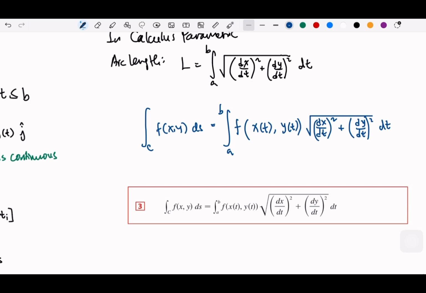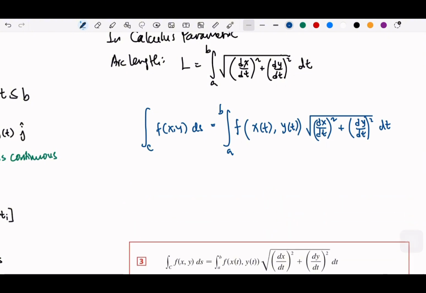Another perspective we can also provide is to see the arc length from the vector perspective.